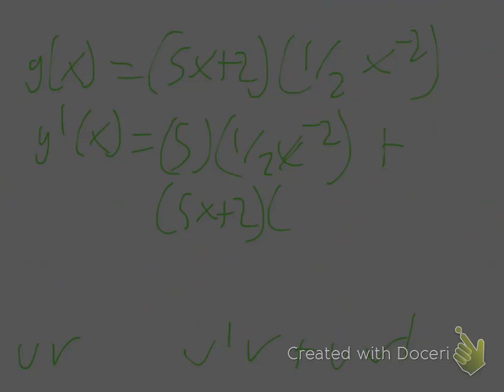Negative 2 multiplied by a half gets you your coefficient, so negative 1, right? Negative 1x, and then you subtract 1 from the exponent to get negative 3. Negative x to the negative 3, and that's your derivative.